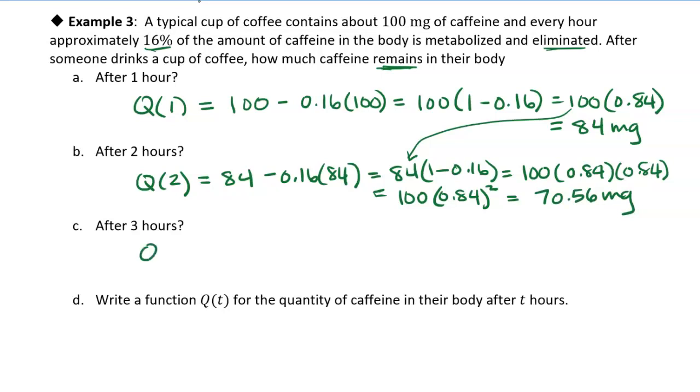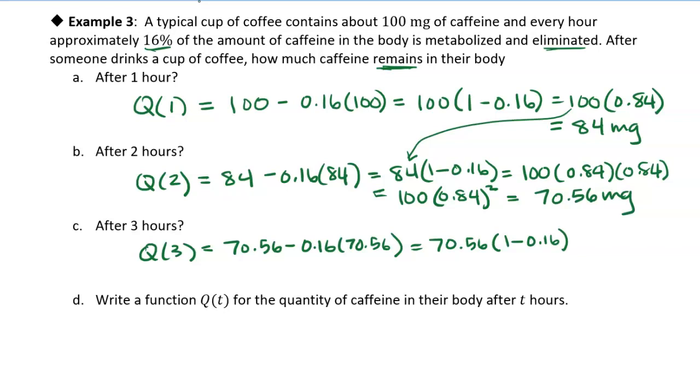All right, so let's do a similar thing for 3 hours. We're starting out now with 70.56 milligrams and subtracting 16% of 70.56. And so we'll have 70.56 times 1 minus 0.16. Again, I'm just going to take this and put it in for the 70.56 because that's where it came from.